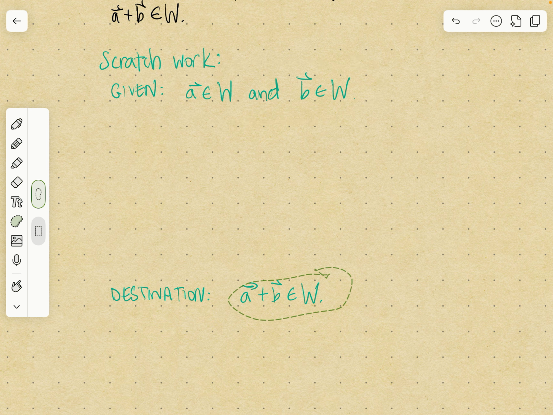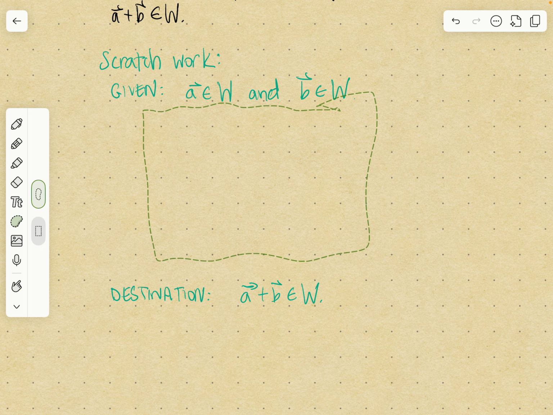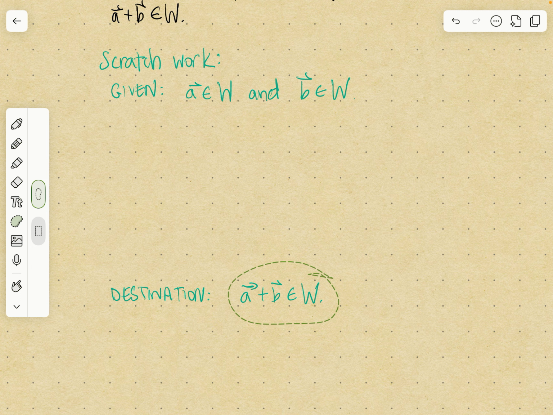In our proof, this is going to be the last sentence. The last sentence of the proof is going to say, therefore A plus B is an element of W. The question is, what goes in between? We have to somehow use what we're given and somehow arrive at this conclusion.